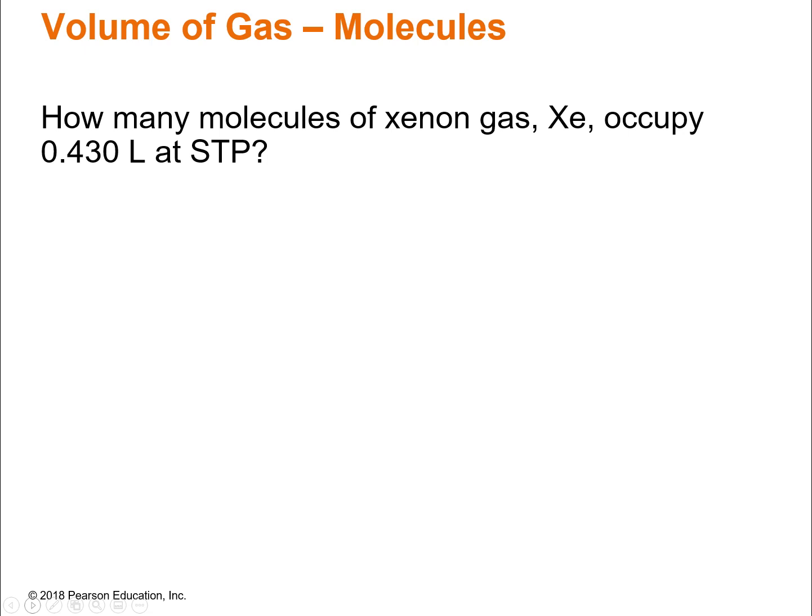So here's a sample question that I want you to take a stab at. I'll get you started a little bit. We've got how many molecules of xenon gas occupy 0.430 liters at STP. We're starting with a volume. We're trying to get to the number of molecules.